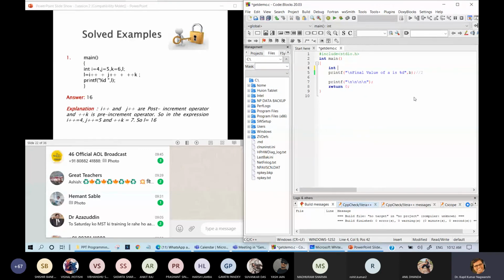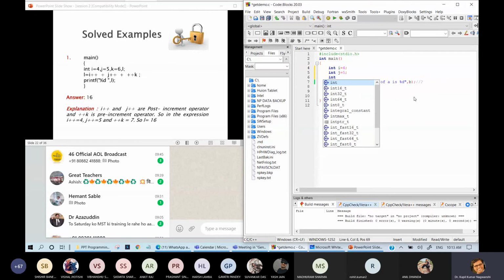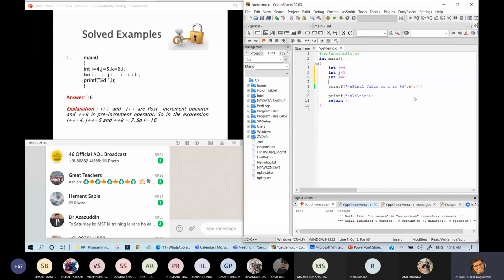Integer I equals 4. For clarity, I am using each on separate lines: J equals 5 and integer K equals 6, and we need to solve integer L. Just for the sake of clarity, I had written this.